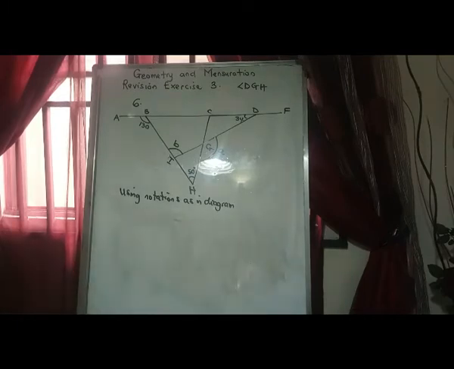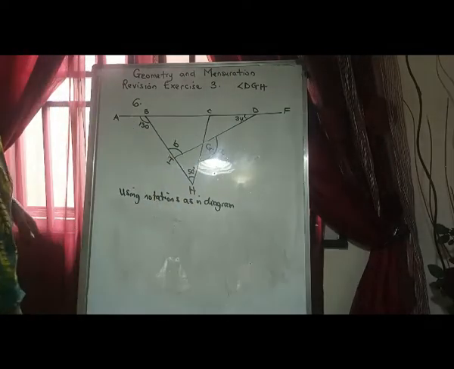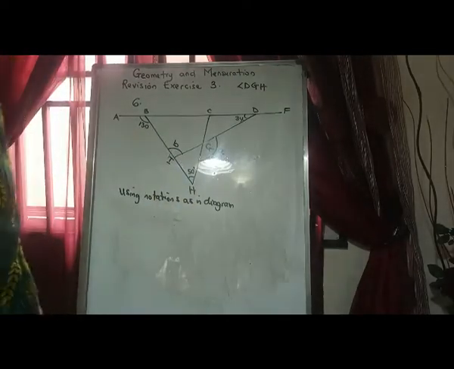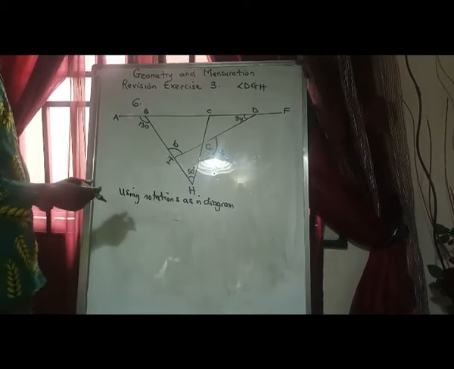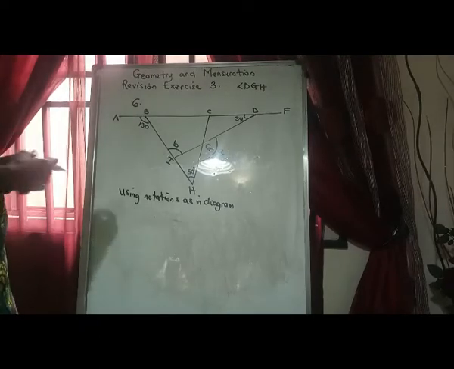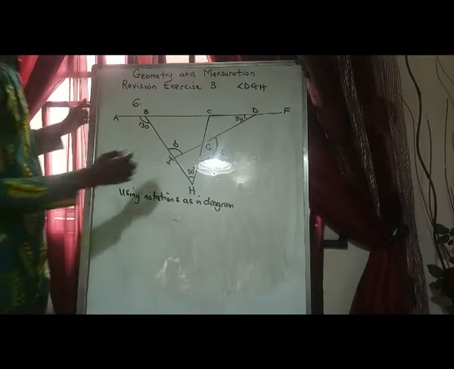So we proceed to look at the second aspect of the question that requires us to look for angle A. Now, the way I solved this for you yesterday, I'm going to use a different method today. Now look at this angle here.